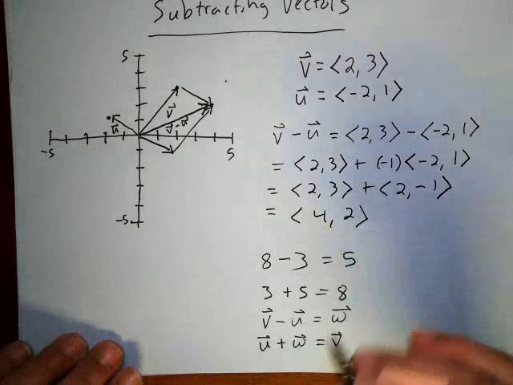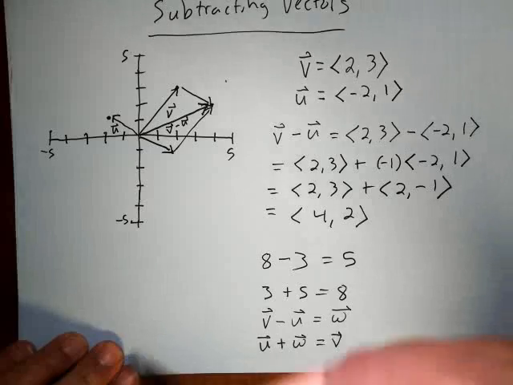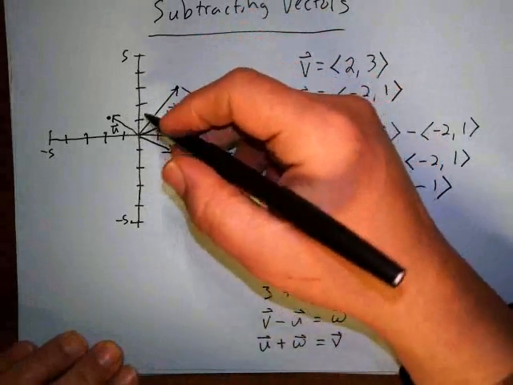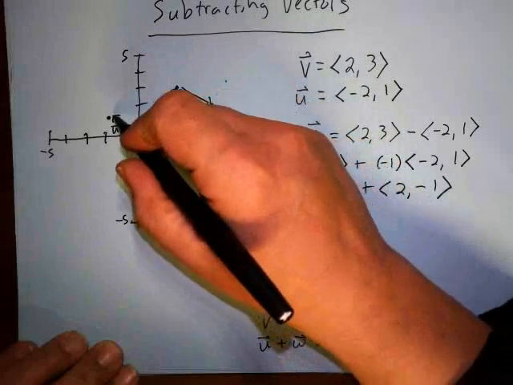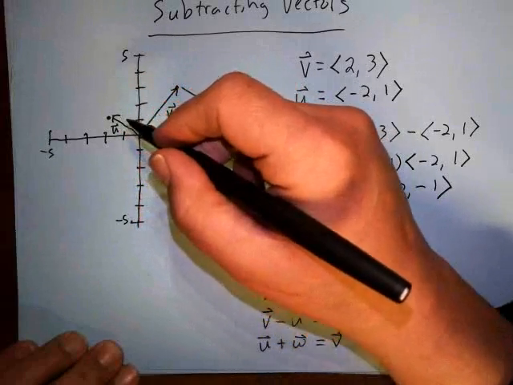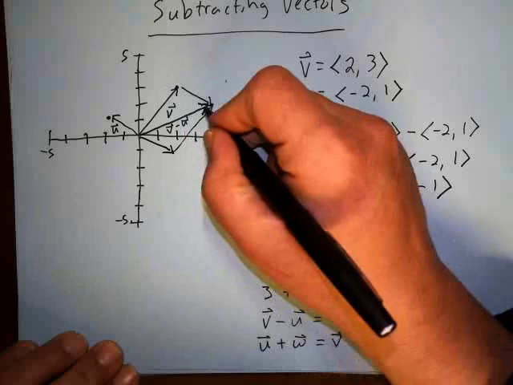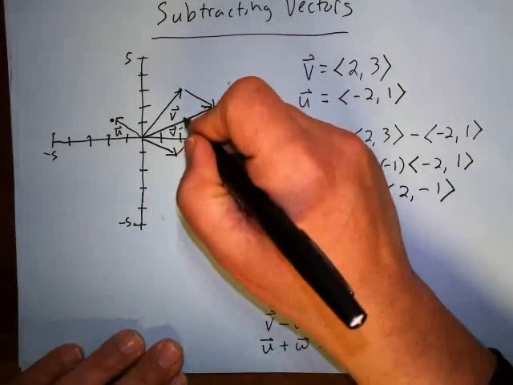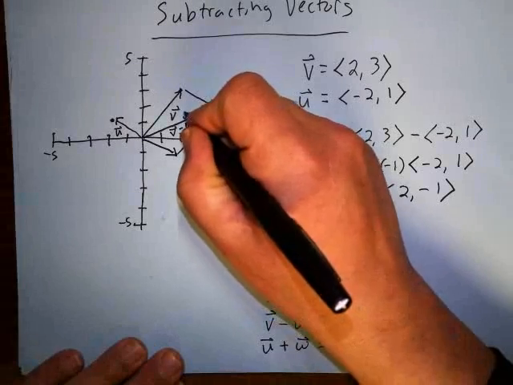And think about this then. I took v and I subtracted u, and I got this vector. Basically, this vector would be w, right?